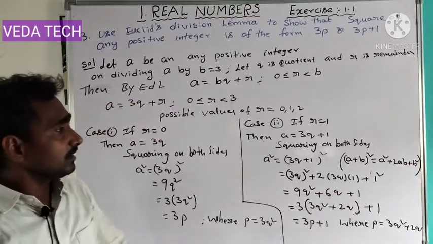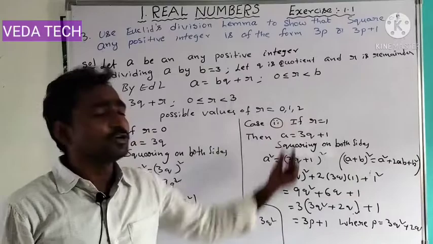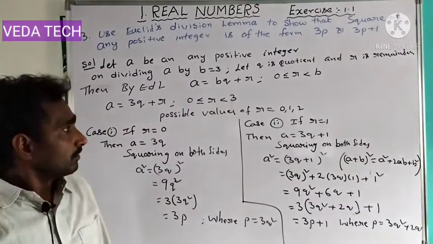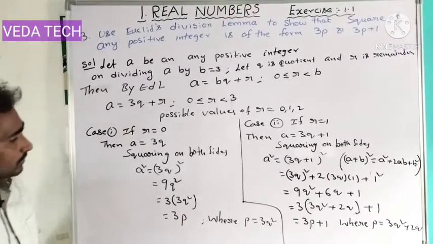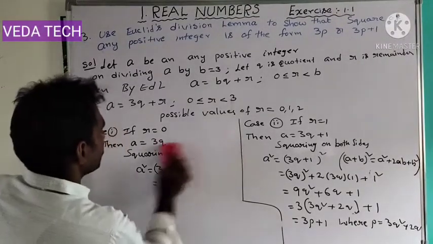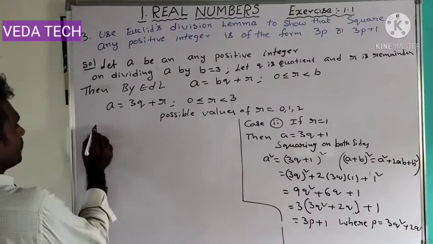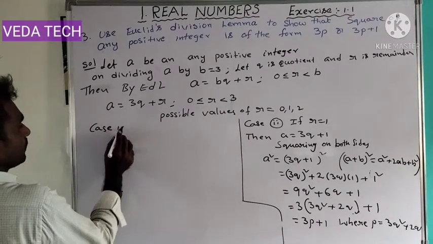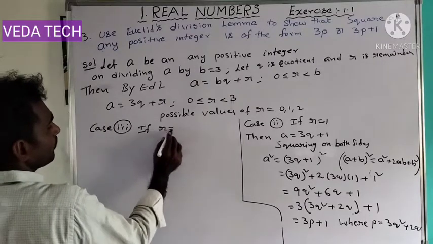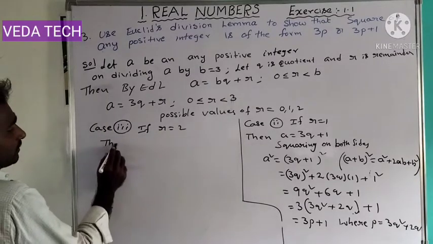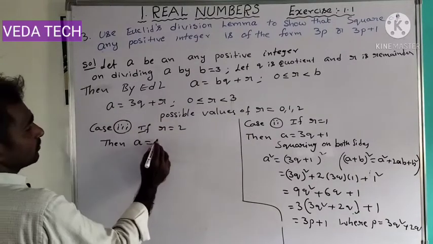One more case there. If r is equal to 0 is completed, if r is equal to 1 is completed, now if r is equal to 2, then a is equal to 3q plus 2.